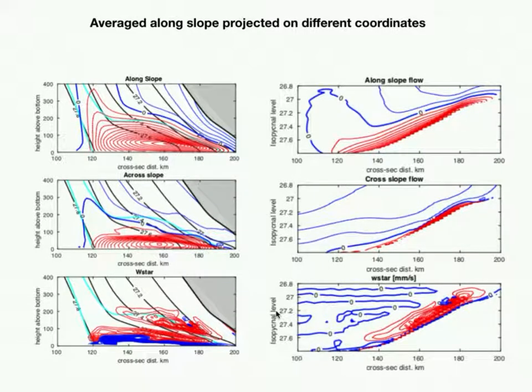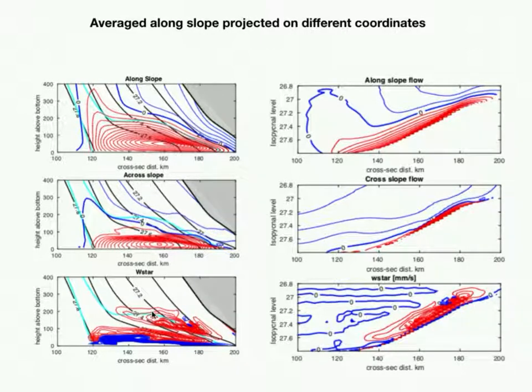I converted the information into isopycnal levels, and we see the same variables: the long slope flow, the cross slope flow, and the entrainment velocity, along the isopycnal levels.